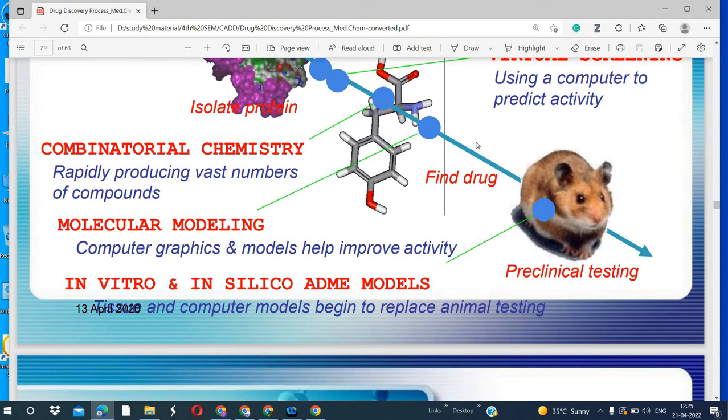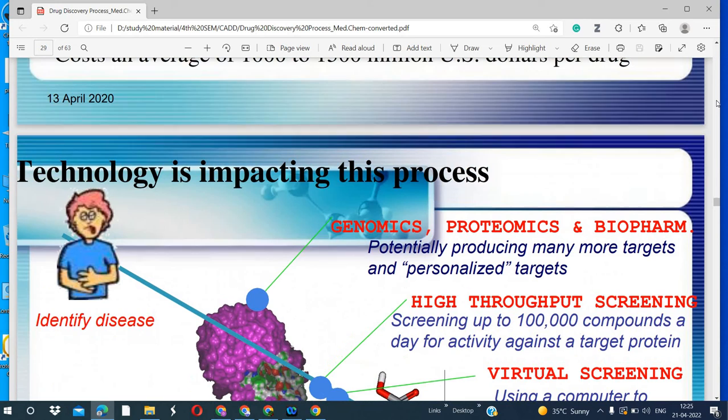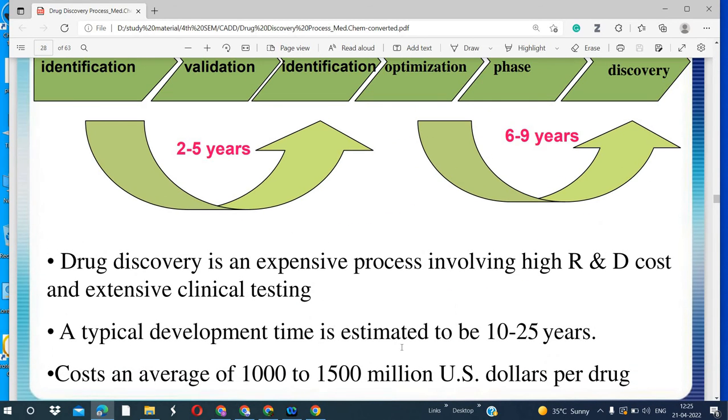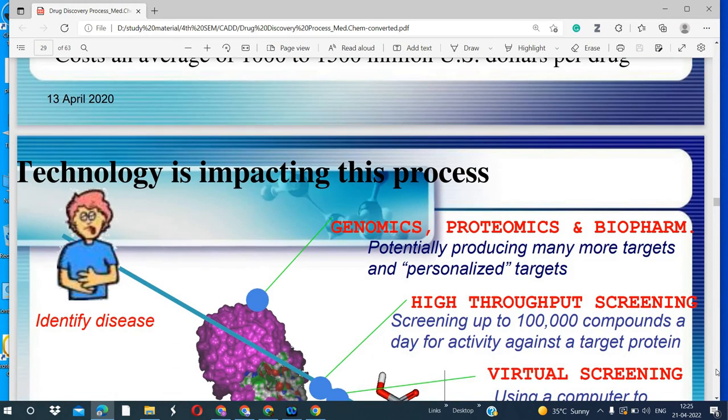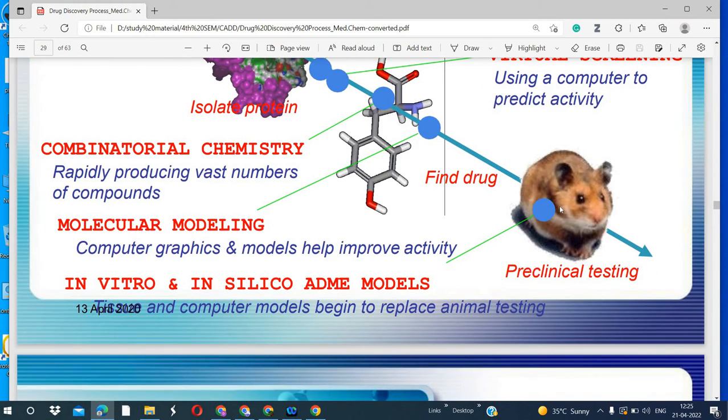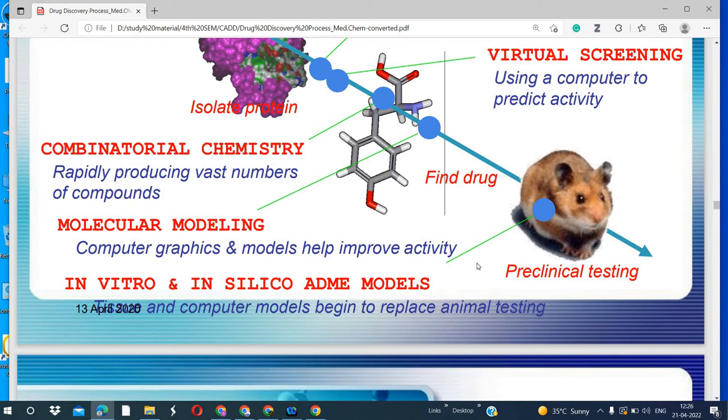So these technologies are very helpful in the reduction of cost, because in the last lecture we discussed about the cost. This cost is very high. We have to reduce this cost. So we need to look wherever we can use the computational tool to reduce this cost. Okay.